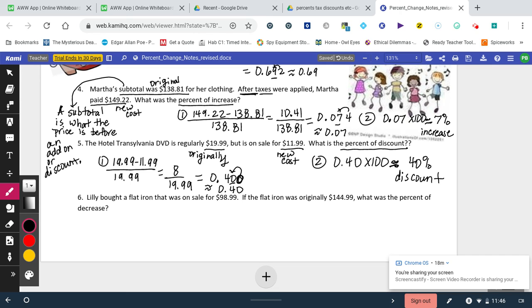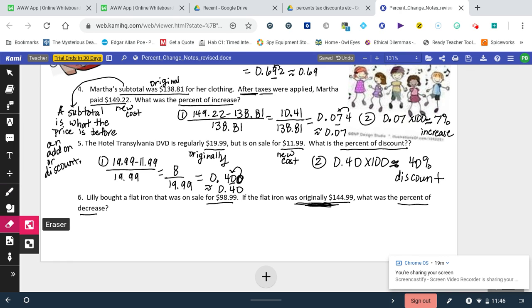All right, Lily bought a flat iron that was on sale for $98.99. Originally, the flat iron was $149.99. All right, it says, what was the percent of decrease? Because it went down. You went from like a $145 flat iron to a $98 or $99 flat iron.